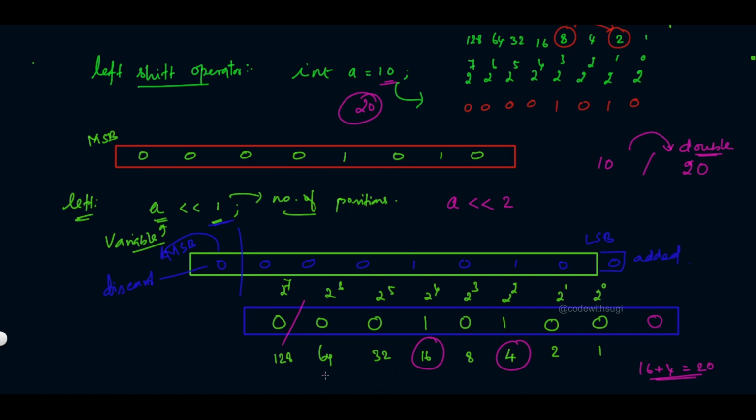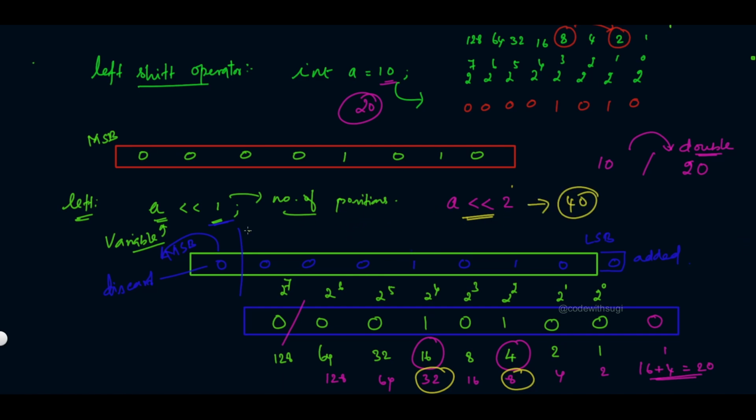Say for example, here you will have 1, then this will be 2, this will be 4, this will be 8, this will be 16, this will be 32, this will be 64, this will be 128. Now you have to add wherever you have 1, right? So that will be 32 and then 8. The remaining are zeros, right? Then 32 plus 8 equal to 40. This is how the left shift operator will work.